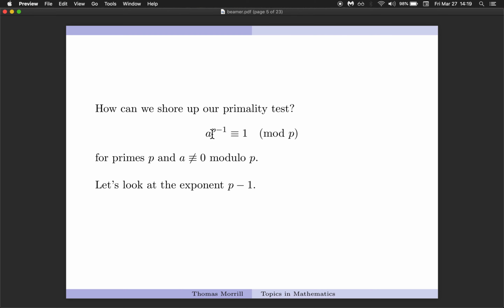I know that my Euler phi function of p is just p minus 1. Any residue that is not 0 mod p gives me back 1 when I take a to the power p minus 1. But let's refine this a little bit by examining what we get for the actual exponent p minus 1.